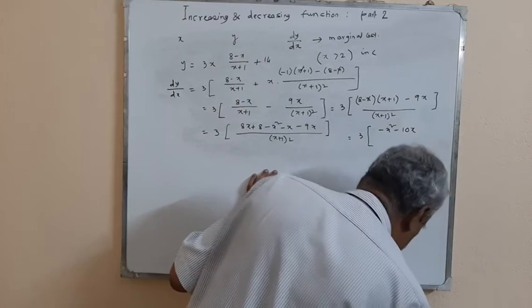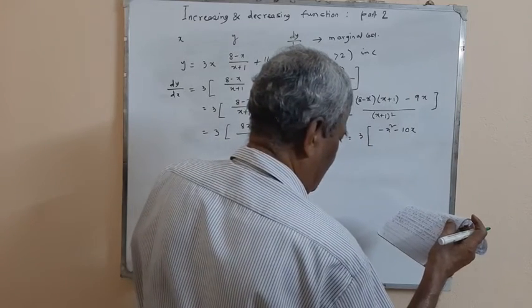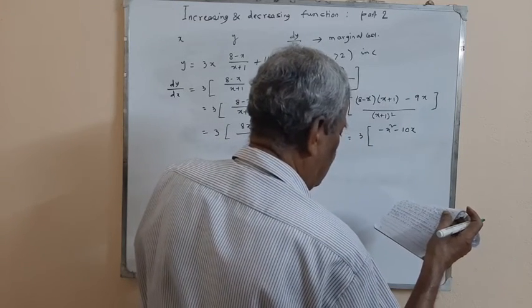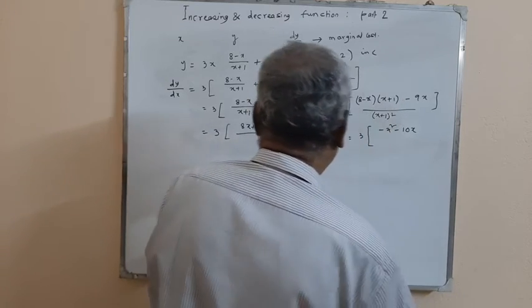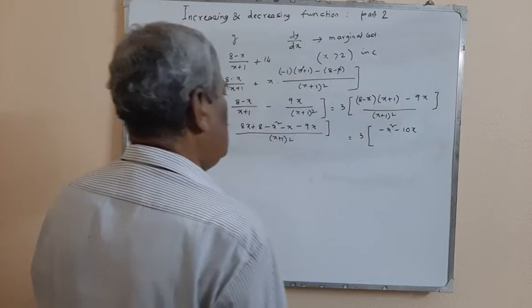What to prove? Marginal cost will continuously decrease if the number of units is greater than 2.